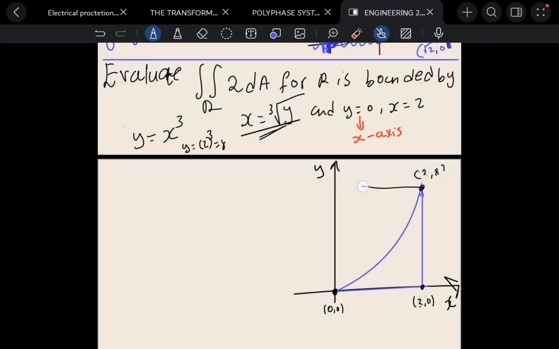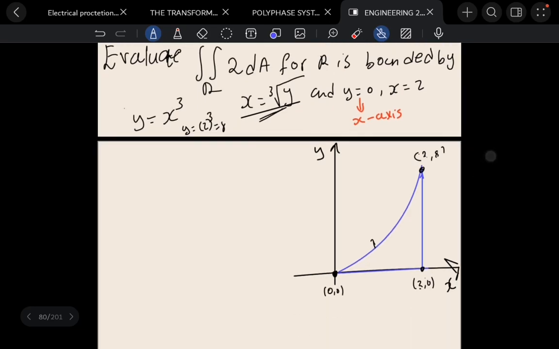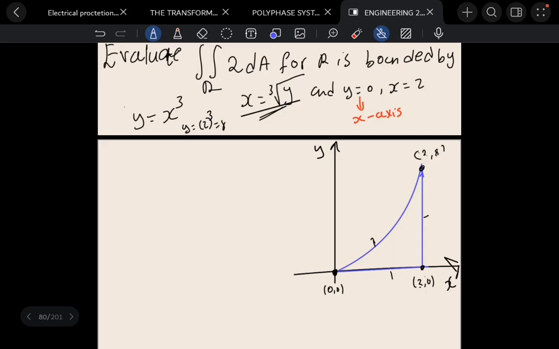If you draw a horizontal line there, it must touch y is equal to 8. So this equation here is y is equal to x cubed. This one is x is equal to 2. This one is y is equal to 0.